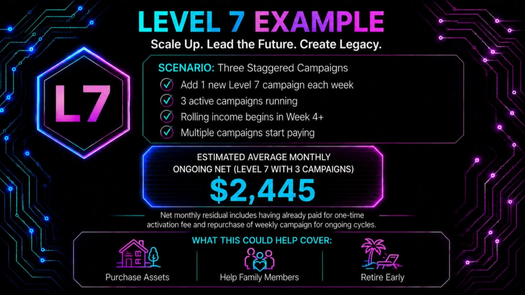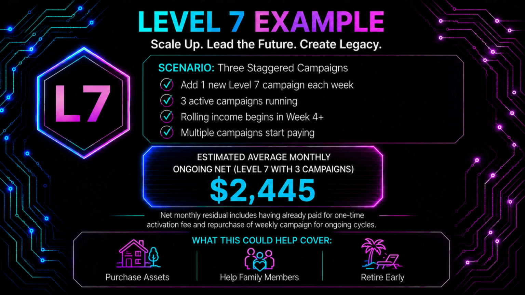The Level 7 example shows the higher end of this strategy. With 3 staggered Level 7 campaigns, one campaign is added each week. Again, multiple campaigns can begin paying as the cycle develops. The estimated average monthly ongoing net is 2,445 USDT.